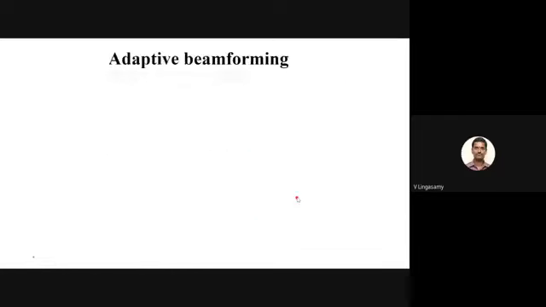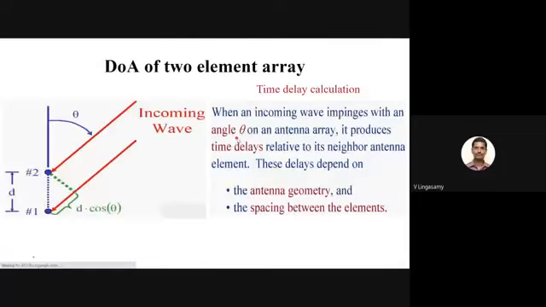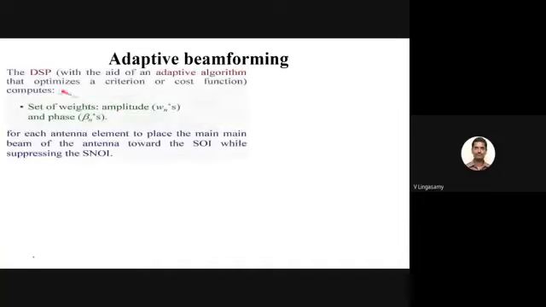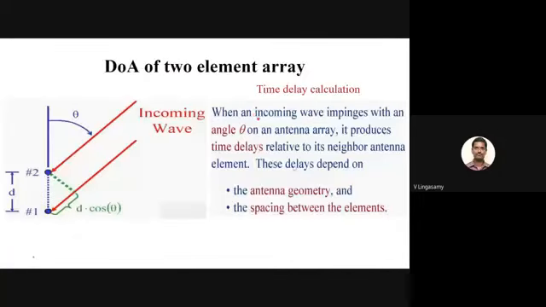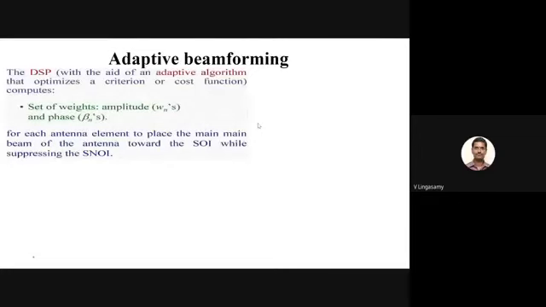Next, adaptive beamforming. We have discussed this many times, but just to give an overview: direction of arrival is the major part of an adaptive beamforming system, which is why we described how to evaluate it. The DSP, based on the direction of arrival, generates a set of weights, meaning amplitude and phase.